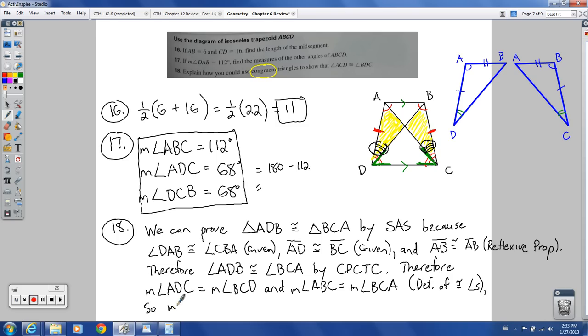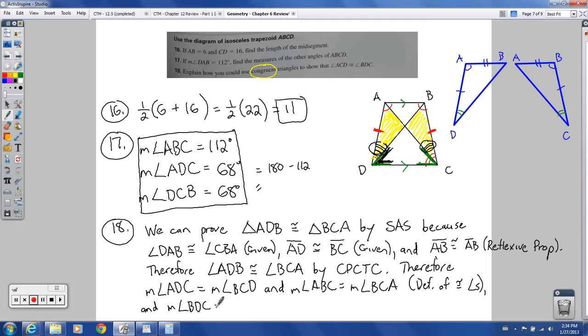So I could say the measure of angle BDC, just reconsidering how I want to say this to try to make this as easy as possible to follow. So the measure of BDC, this angle right here, that green one that I originally drew in there. Measure of that angle is going to be this big one minus this one.